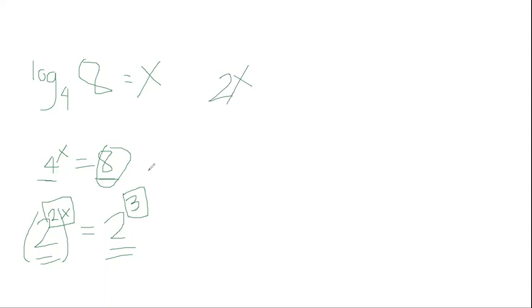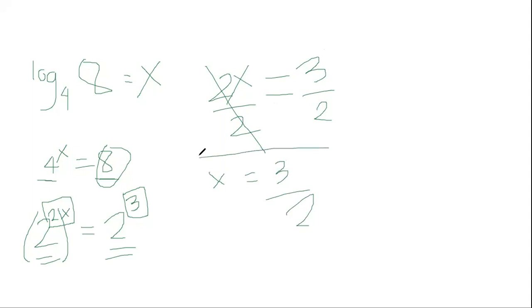The exponent here equals the exponent on the right side, which is 3. Then, in getting the value of x, divide both sides by 2. So your x would be 3 over 2, or 1 and a half, or 1.5. Let us use the fraction to be exact.